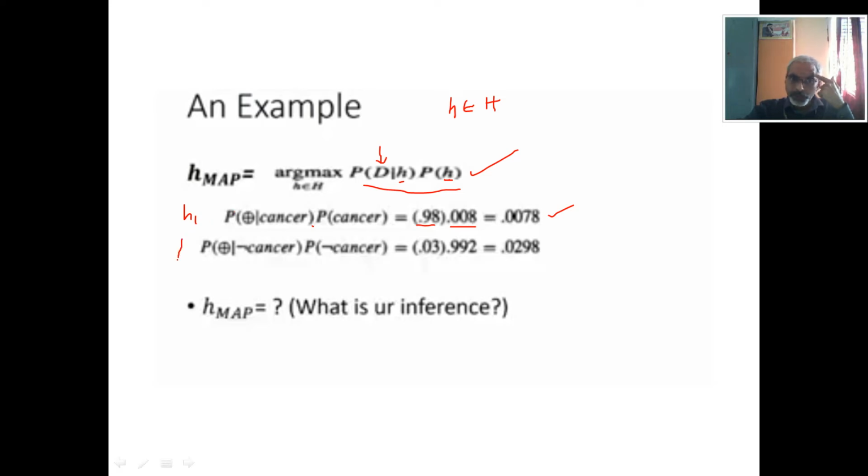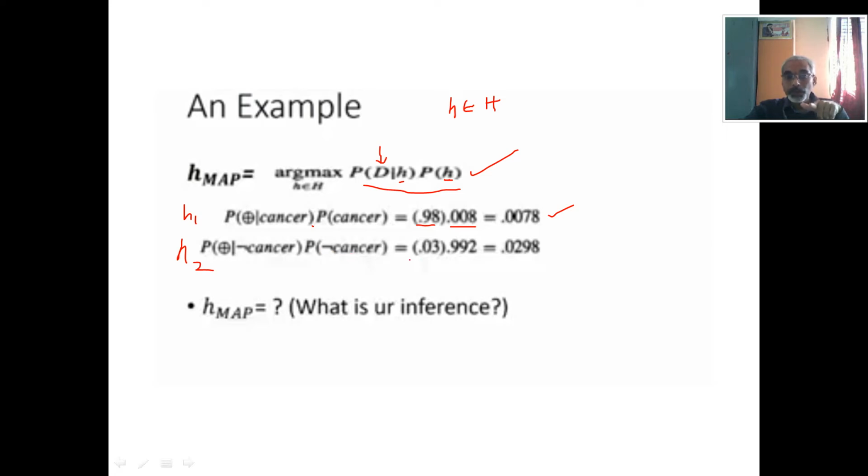Now you calculate similarly for the H2 hypothesis, the second hypothesis. What is the H2 hypothesis? The patient is not suffering from cancer. So now the probability of a positive result that the test is going to give when he is not suffering from cancer, multiplied with the probability of the patient not having cancer.